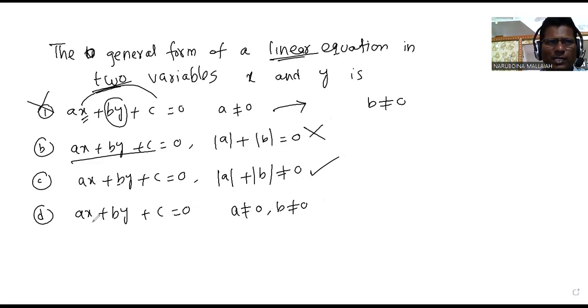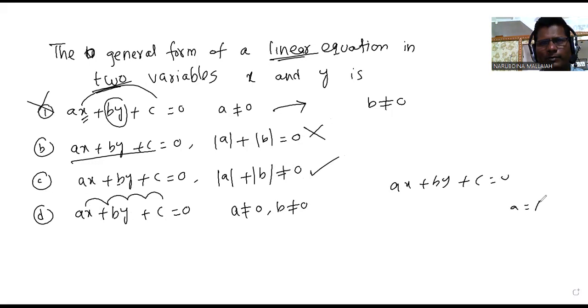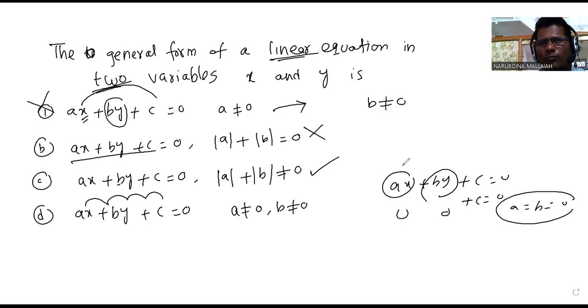Because if a and b are not equal to 0, then only we have ax + by + c = 0. Suppose a and b values are 0, this becomes 0, this becomes 0, then we are left with c only. We must have variables x and y because a linear equation in two variables is given.